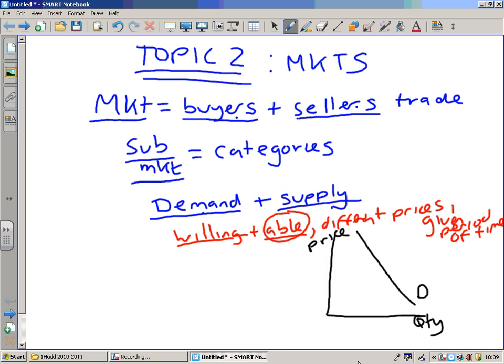Think about why that is. Lower the price, more people are able to buy, but as the price goes down, even I might be willing to buy a product at a lower price. So let's take one example along this line. If we're at P1, people will buy Q1 of the product.